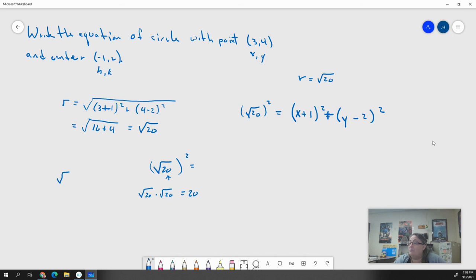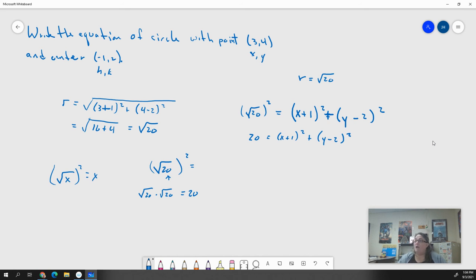So if I have the square root of x and I square it, I wind up with x. And so if I have the square root of 20 here, squaring it, I wind up with 20 equals x plus 1 squared plus y minus 2 squared.